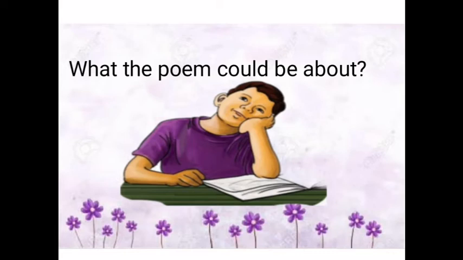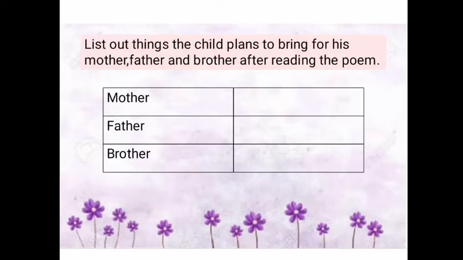Now, let's begin. Before going to our poem, you have to do a small activity. Here is a table. You have to list out the child's plan to bring things for his mother, father, and brother after reading the poem.